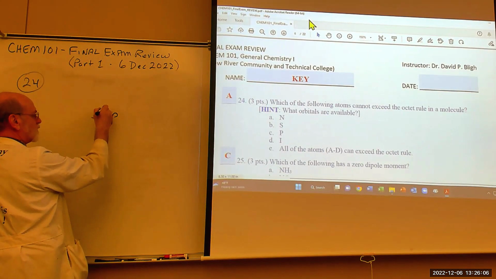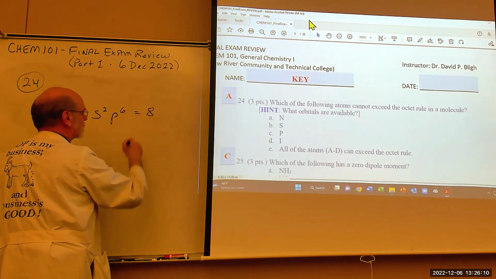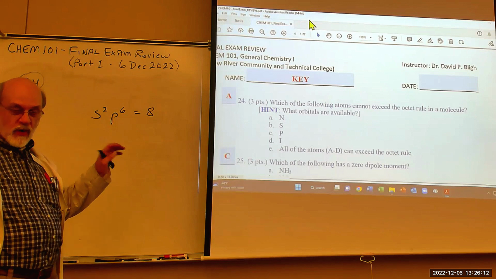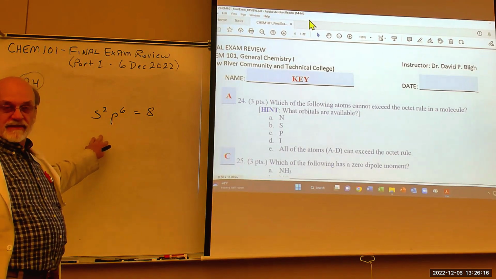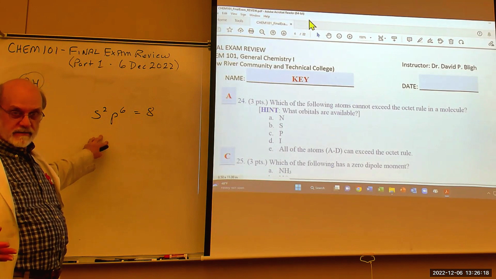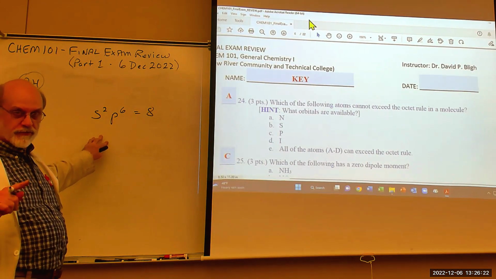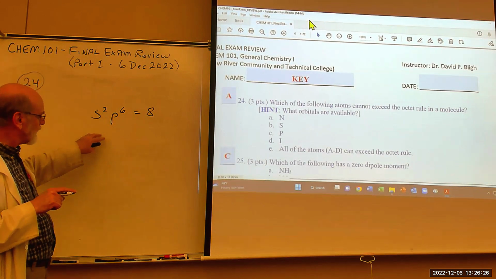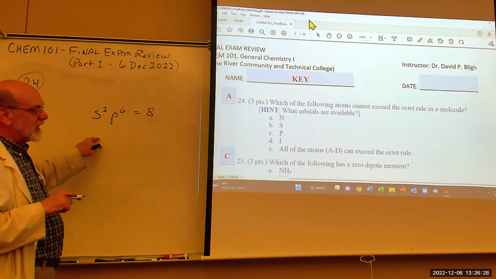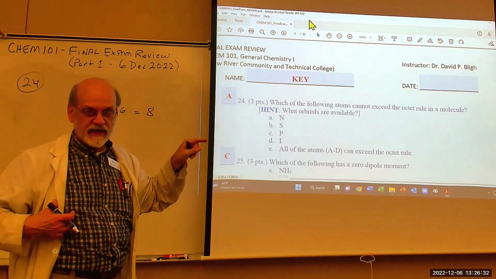You can put a maximum of 2 in the s's and 6 in the p's. That equals 8. So if you have an element that has d orbitals available to it, which means it has to have the principal quantum number 3, then it can exceed the octet. We're looking for the one that cannot exceed the octet.